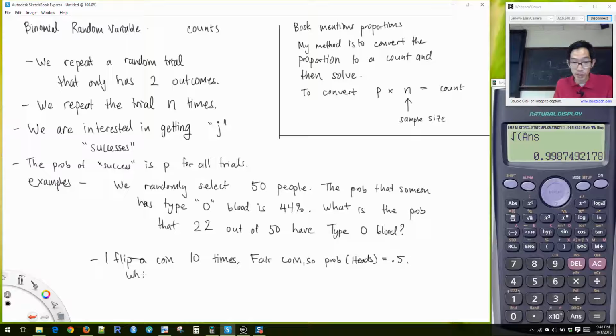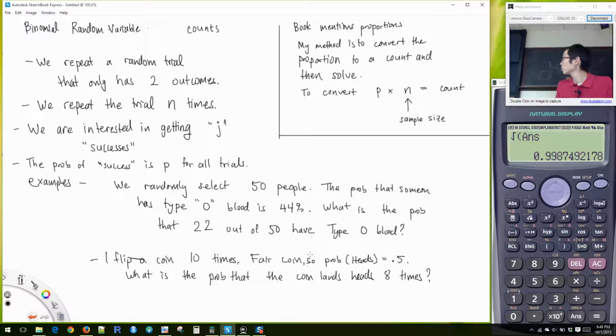What is the probability that the coin lands heads 8 times out of 10? Okay, 8 times out of 10 implied because I've flipped the coin 10 times.